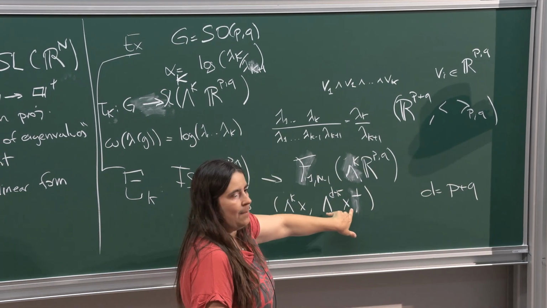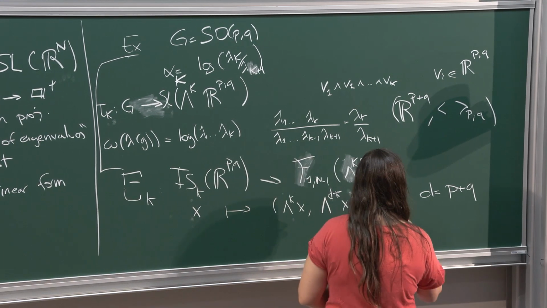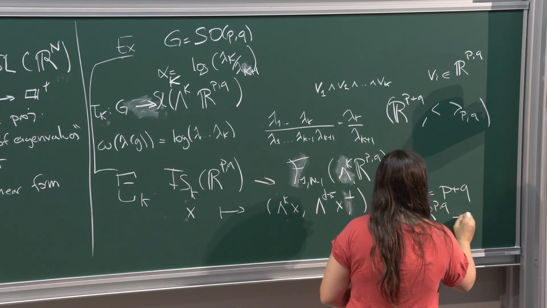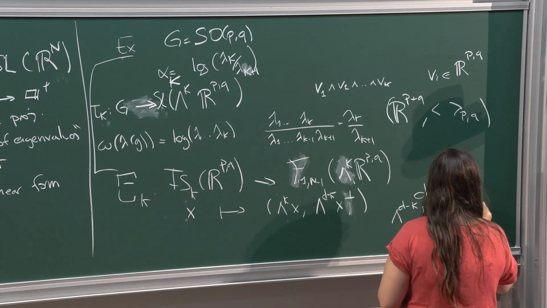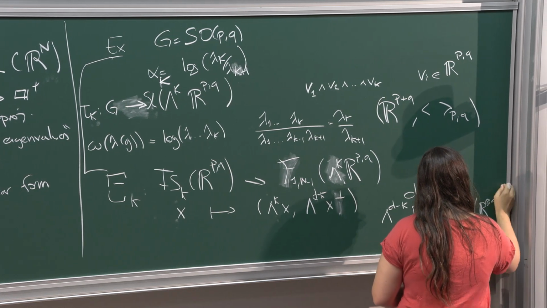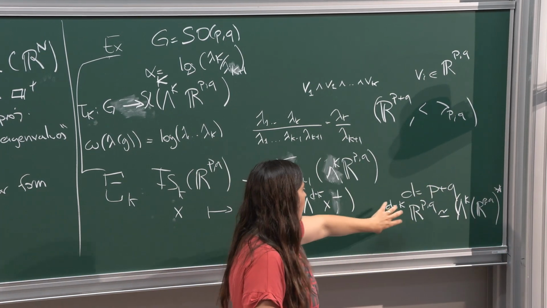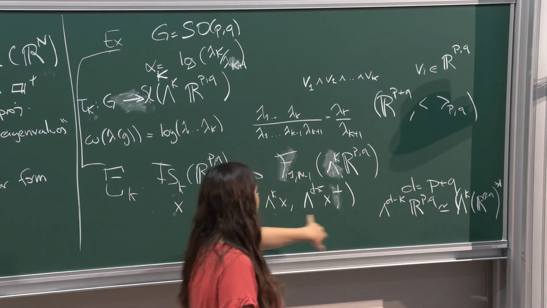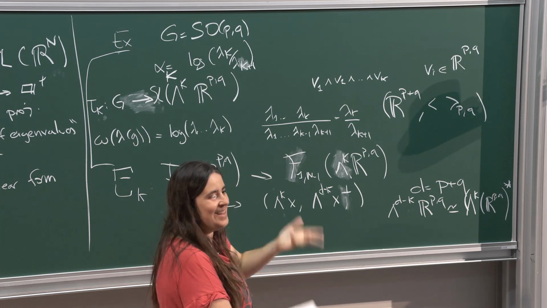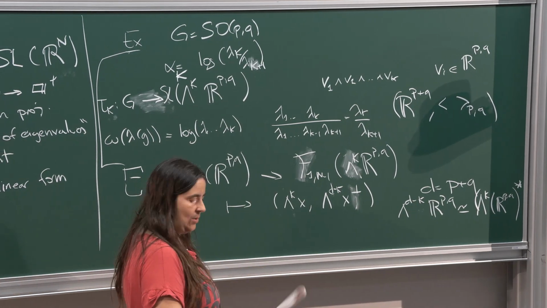So this is one element in lambda^{d-k} of R^{p,q}, which is identified with lambda^k of R^{p,q} dual. Because if I have a d minus k wedge, I can wedge it with a k wedge and get the determinant. That's linear algebra that you can play with and persuade yourself that it works.